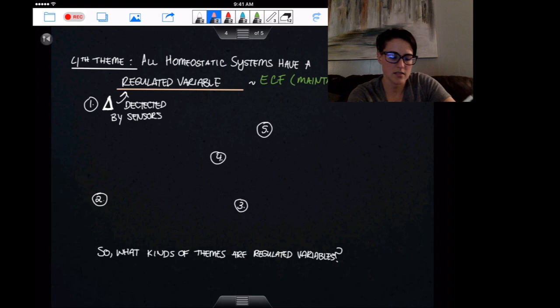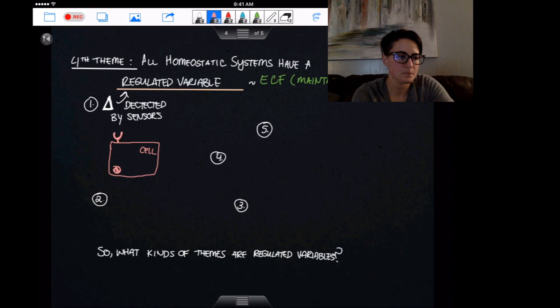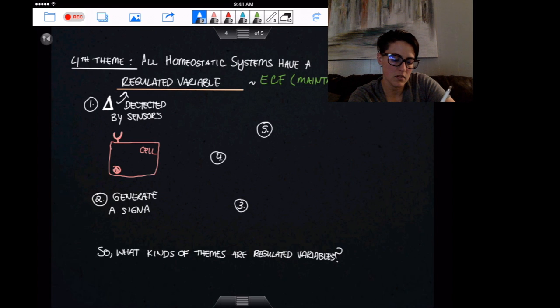Okay, we'll draw a cell here. There's our little cell, so a little nucleus cell. And these cells have little receptors on them. The next step is to generate a signal. So that sensor on that cell, or receptor on that cell, will cause something within the cell, and it will generate a signal.